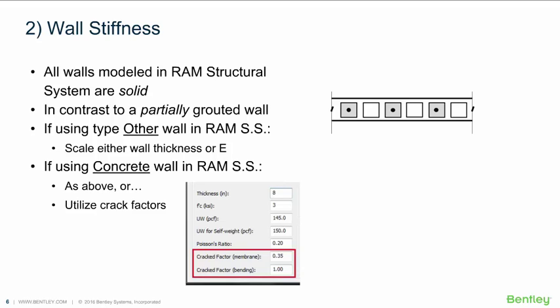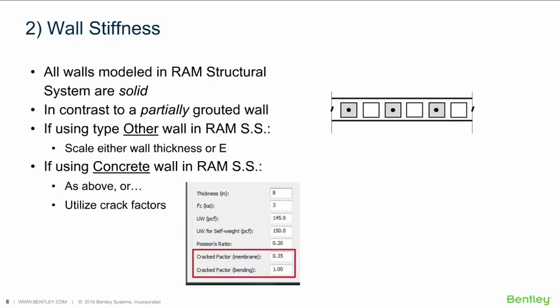So as an example, if you have an 8-inch normal weight CMU wall grouted at 32 inches on center for a 58 PSF wall weight, and you model the true block thickness, you want to reduce the unit weight of the masonry accordingly, and bring down the Young's modulus as well, so that the gravity loads and the stiffness and the mass are all accurate.